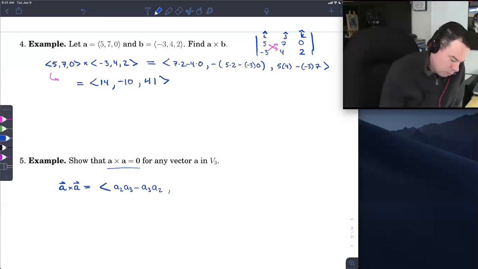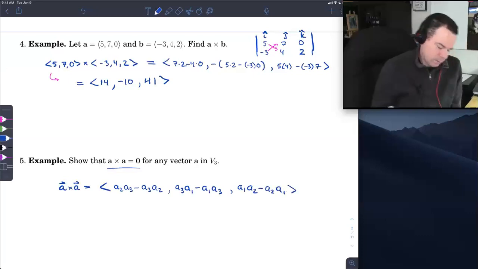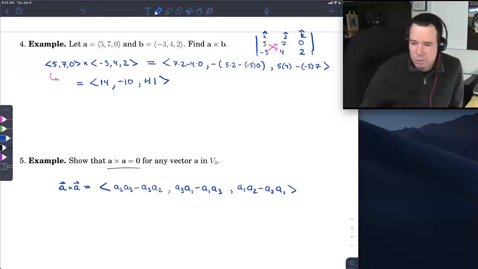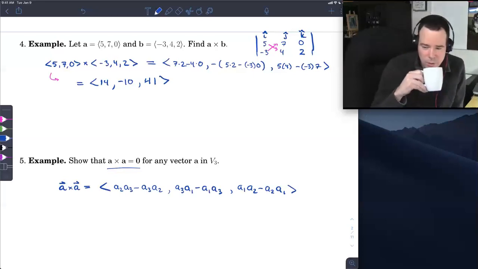Then the next one is A3, A1 minus A1, A3. And then the next one is A1, A2 minus A2, A1. So that's our definition of the cross product with A1, A2, A3 plugged in for both the A and the B vectors.